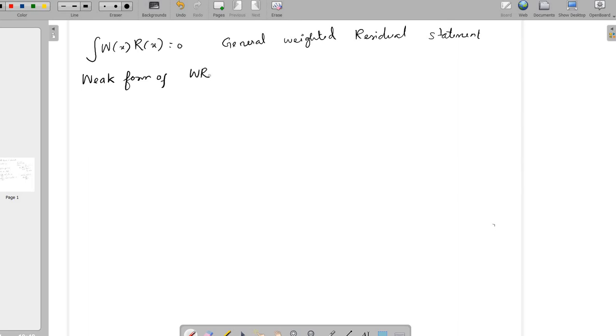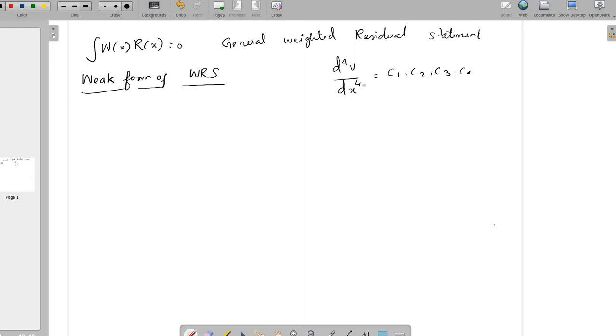The weak form of the weighted residual statement. So what is meant by weak form? We find some difficulty in the governing equation when it is in the fourth degree. When you have a fourth degree governing equation, you should add at least 4 constants to solve the problem while using a polynomial function.